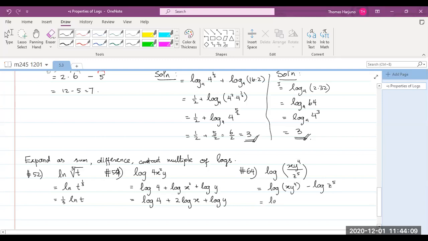That would be log x plus log y to the 4th minus log z to the fifth. Are you okay with this so far? One more step after this though. But are you okay with this so far?